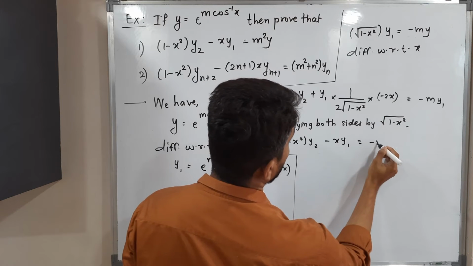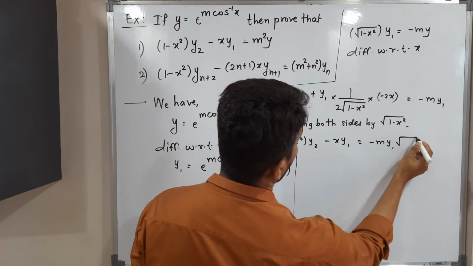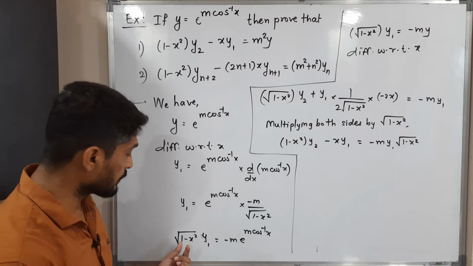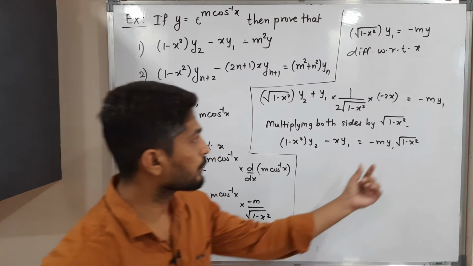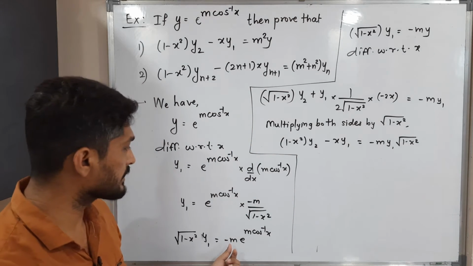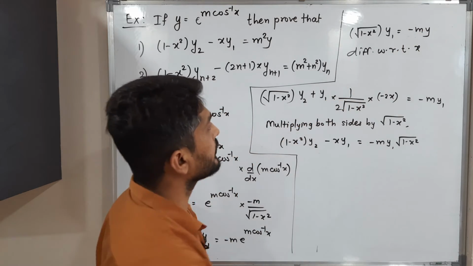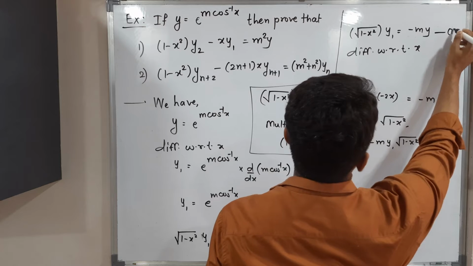If you multiply minus m y1 by root 1 minus x square, I think we have seen it somewhere. Yes, see, root 1 minus x square y1, its value is minus my. I should call it equation number 1.